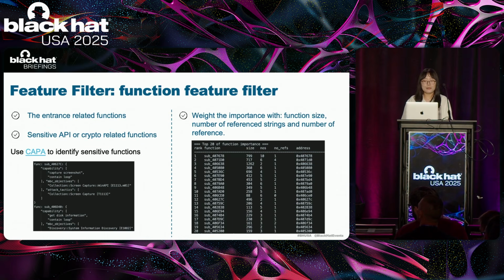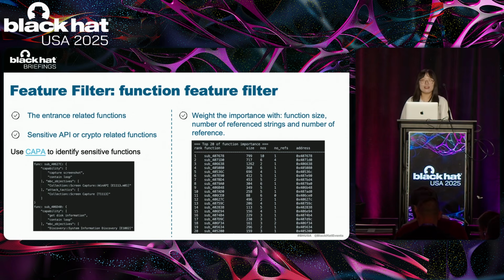In addition, we aim to directly identify some suspicious sensitive functions. First, we start from the main function and extract the sub-functions it calls. Second, we use the open source static rule tool called capa and apply its rules to mark particularly sensitive functions.